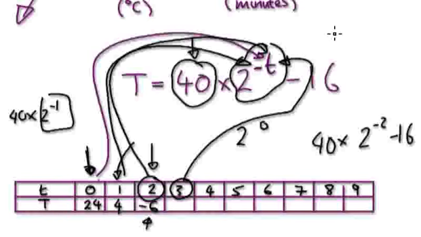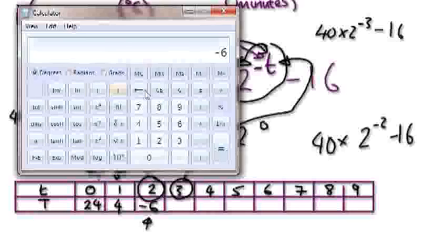Now after 3 minutes, we'll put the 3 into this t here. So it will be 40 times 2 to the power of minus 3 take away 16. Okay, so calculator, clear it.